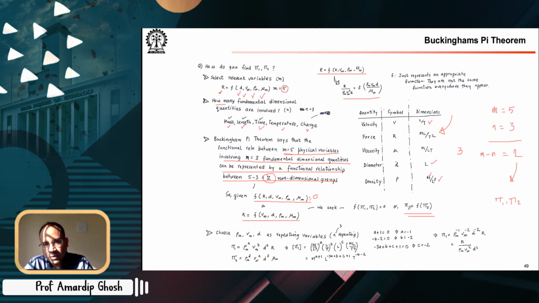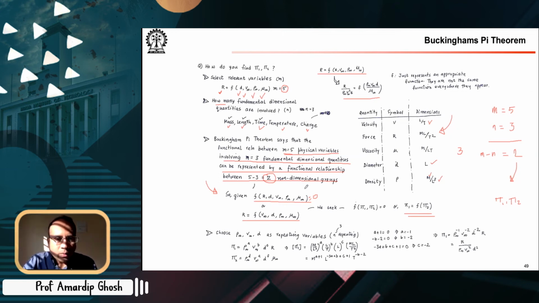Okay, so in this particular case, Buckingham's Pi theorem showed us that we have 2 pi groups.